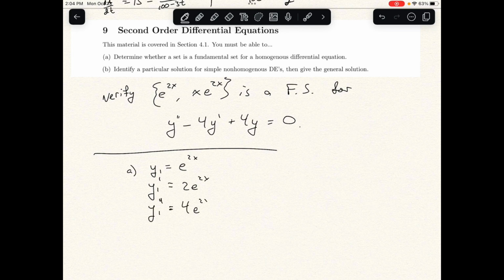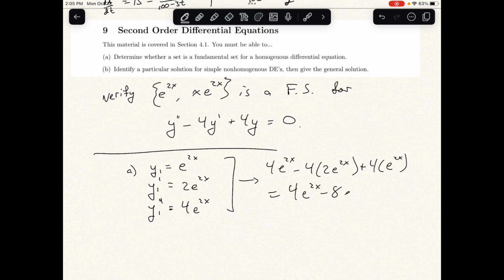Plug that into the differential equation, and you get 4e to the 2x minus 4 times 2e to the 2x, that's our y prime, and then plus 4 times y, which is e to the 2x. This is equal to 4e to the 2x minus 8e to the 2x plus 4e to the 2x. 4 minus 8 plus 4 is 0, so this is equal to 0e to the 2x, or just 0.